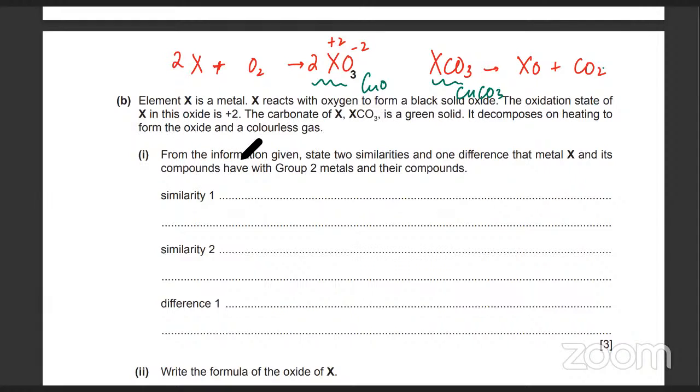So from the information given, state two similarities and one difference that metal X and its compounds have with group 2 metals and their compounds.